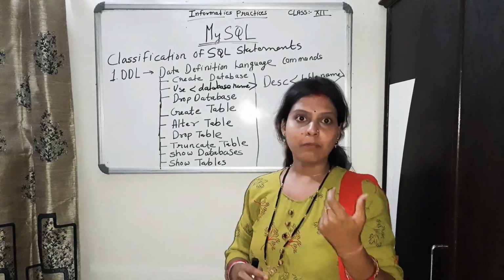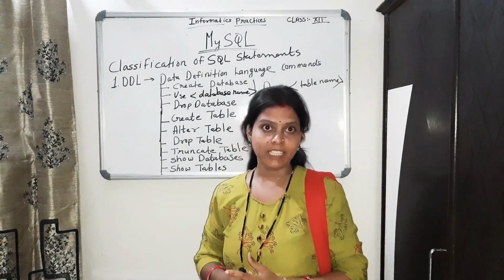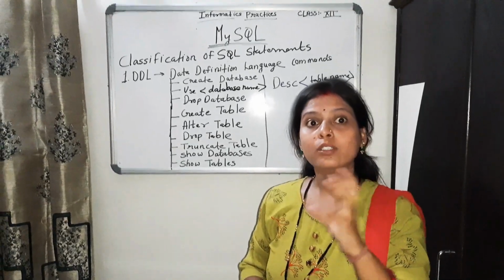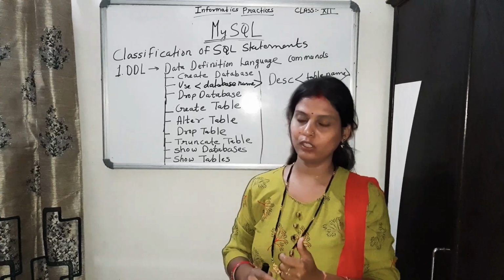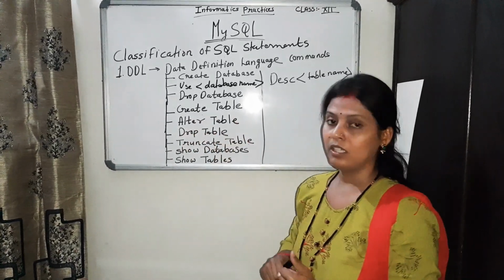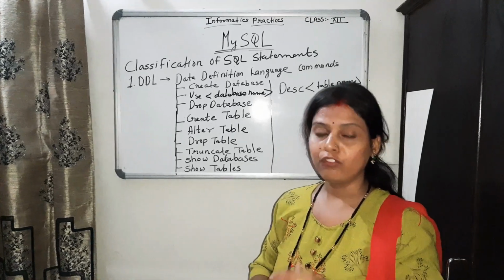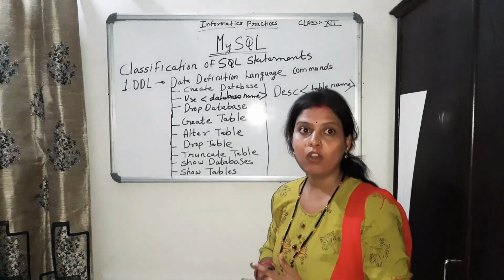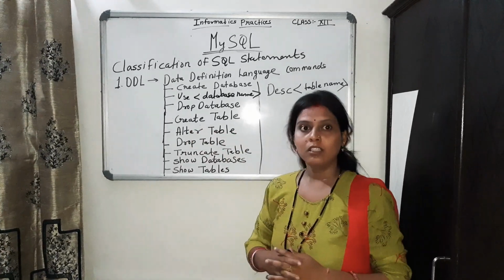If you want to rename any column, if you want to change the data type or size of any column, if you want to add a new column into a table, then which command do you have to use? You have to use the alter command. Now if you want to add a new primary key into a table, if you forgot to assign a primary key to a table, then also you have to use the alter table command.